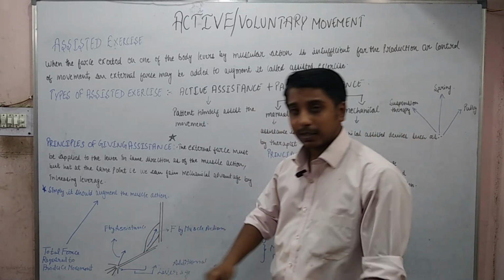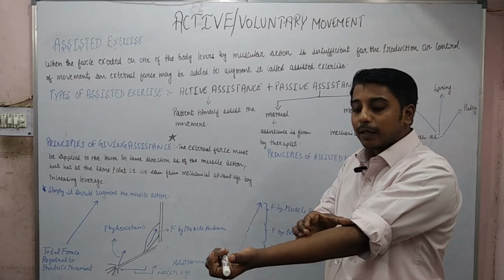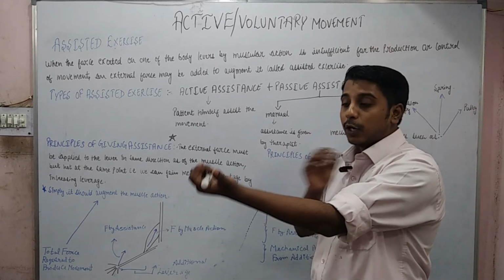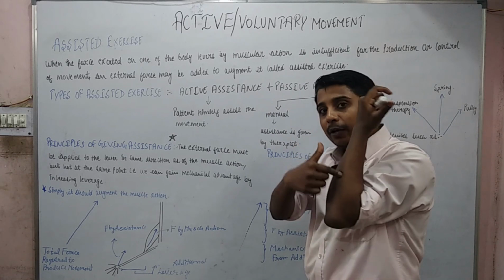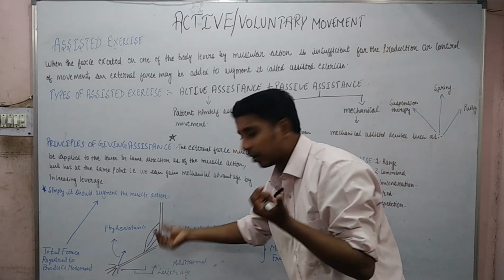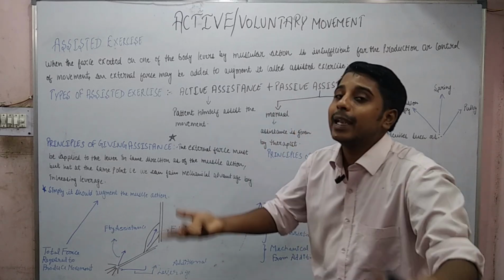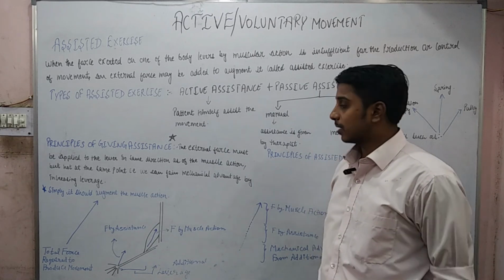The elbow flexor, biceps brachii, is very close to the elbow joint, and then brachialis is at the radius, up to this level only. But we are not supposed to give assistance only at the point of muscle origin or insertion. If you can gain any kind of mechanical advantage, we need to gain it so that good assistance is given.